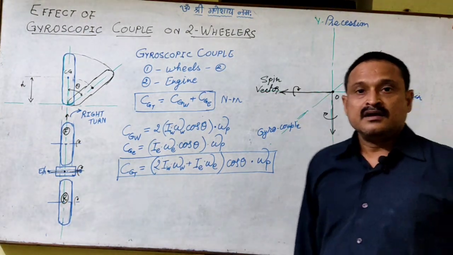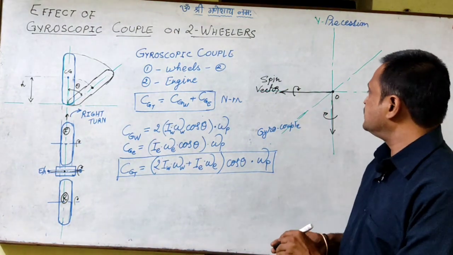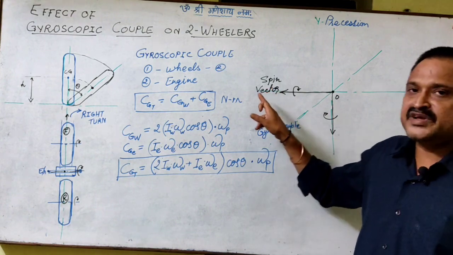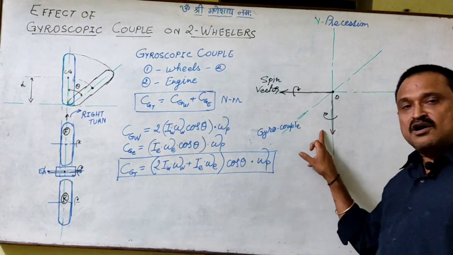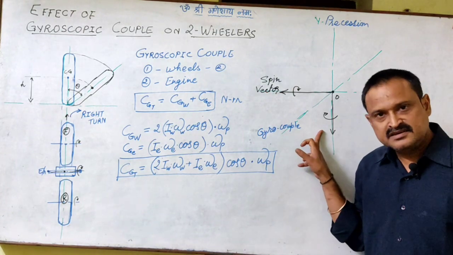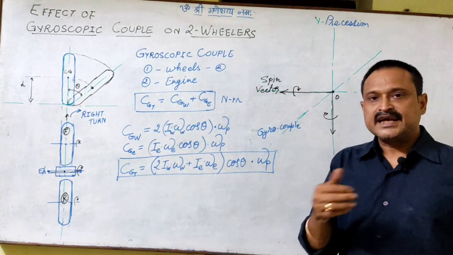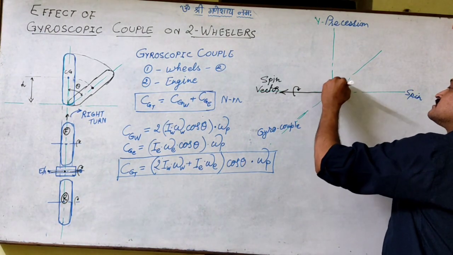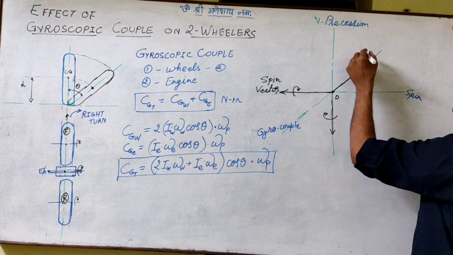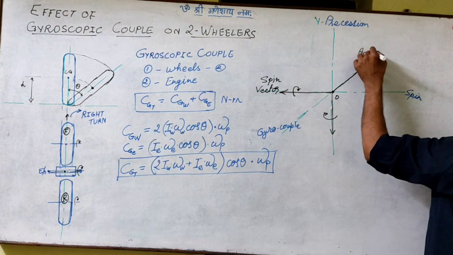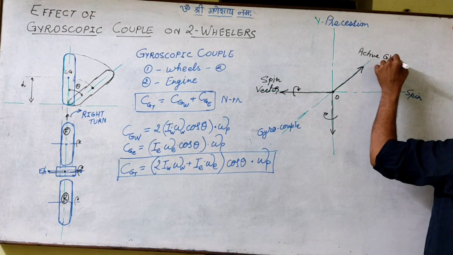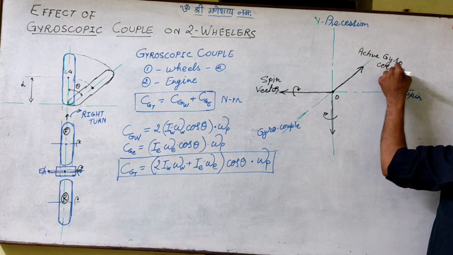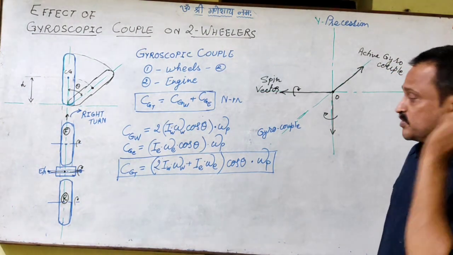How do we decide the gyroscopic couple vector? We turn the spin vector in the sense of precession by 90 degrees. If I turn it this way, this is the active gyroscopic couple.